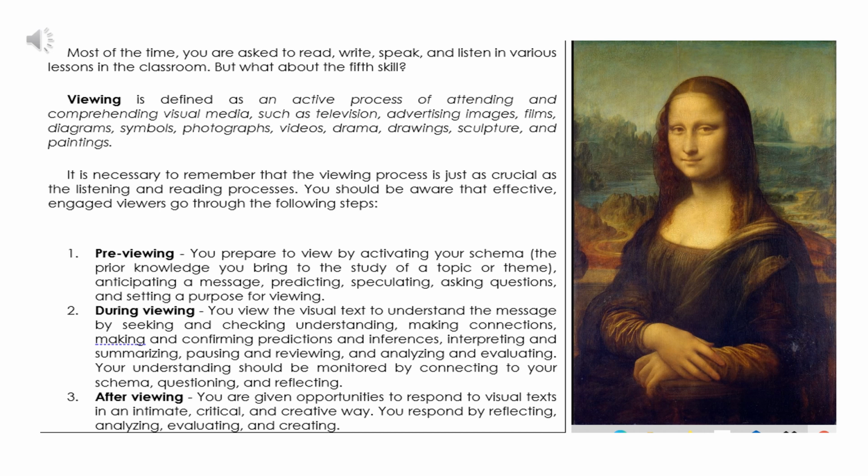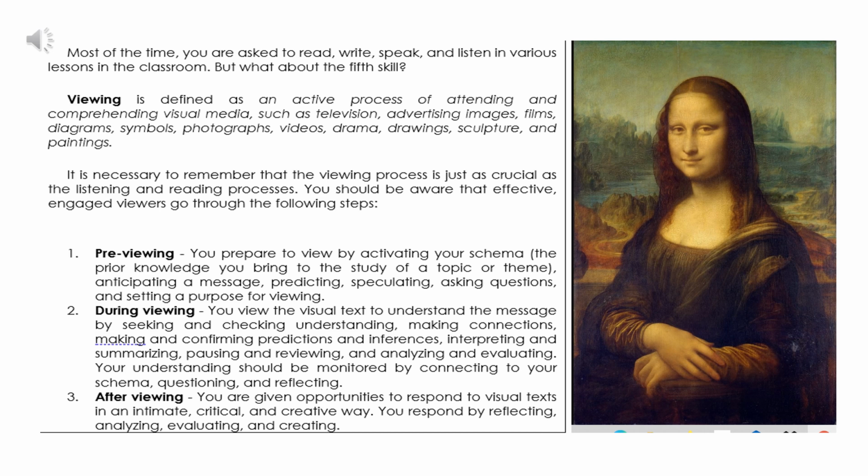Viewing is defined as an active process of attending and comprehending visual media, such as television, advertising, images, films, diagrams, symbols, photographs, videos, drama, drawings, sculpture, and paintings. So, viewing is defined as an active process of attending and comprehending visual media. You have there the key terms: active process, attending, comprehending visual media.